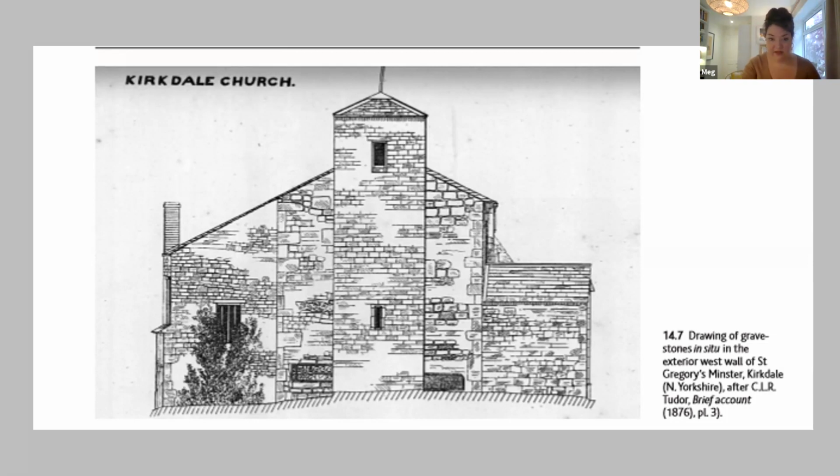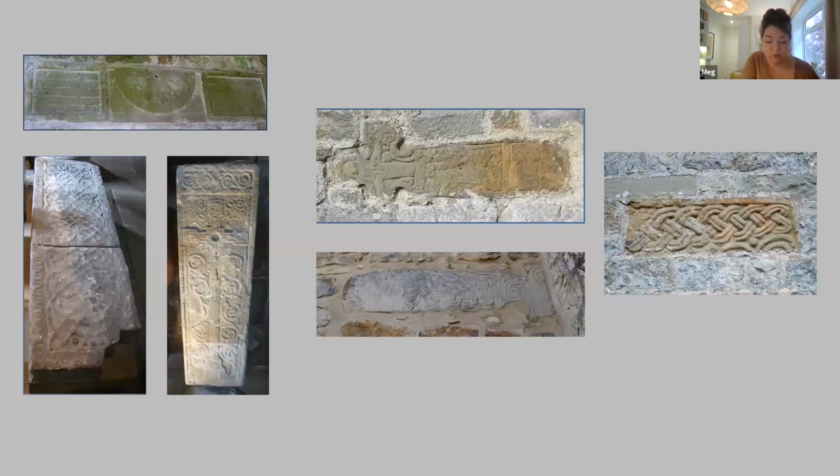Building on this, the other later spolia set into the walls of the minster at Kirkdale should be considered when exploring the iconographic understanding of eschatological reuse and construction.